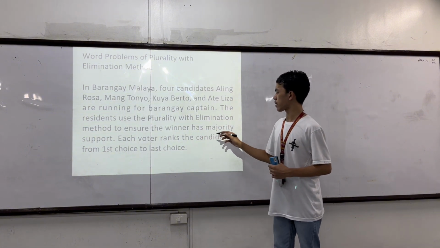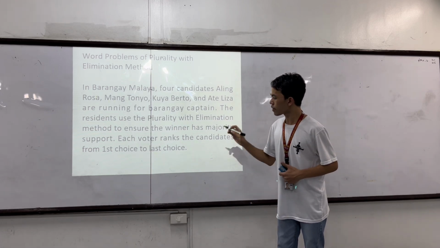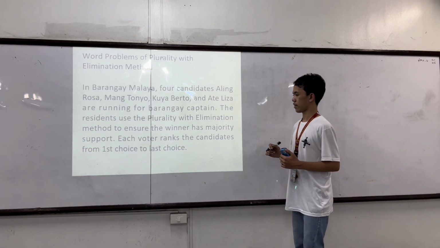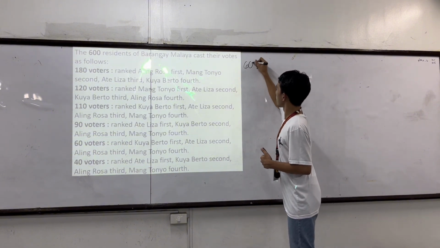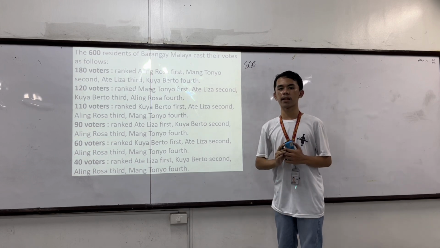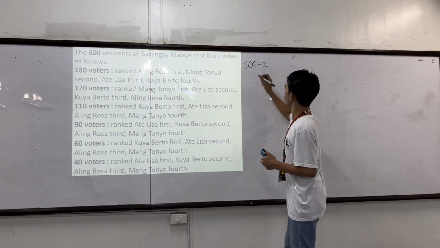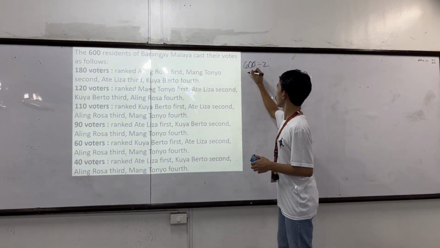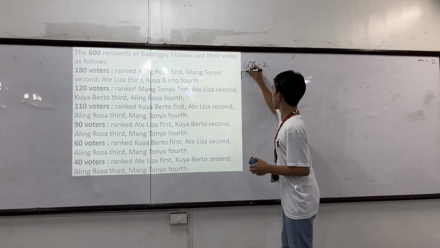Each voter ranks the candidates from first choice to last choice. There are 600 residents. To get the majority, we divide by 2, so 600 divided by 2 equals 300. The majority is 300.